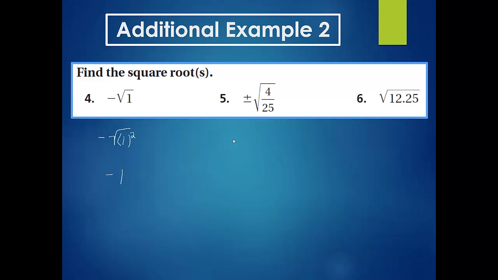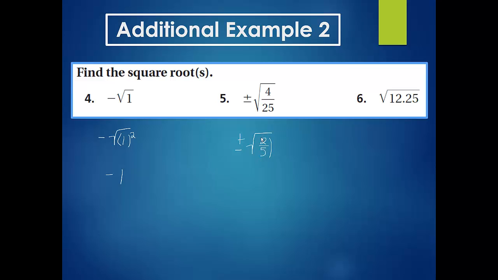For number 5, we have plus or minus the square root of 4/25. So we have plus or minus the square root, and 4/25, the square root of 4 is 2. The square root of 25 is 5.